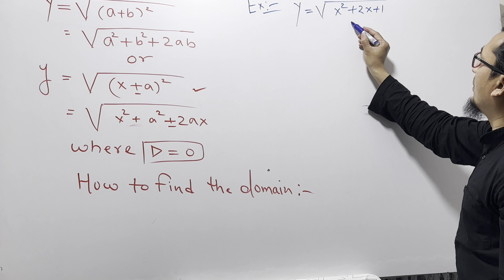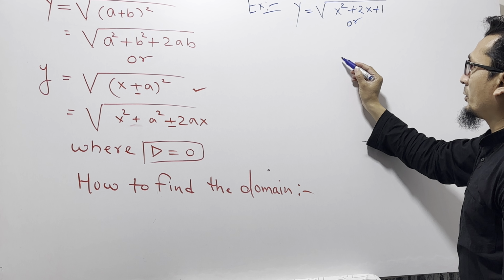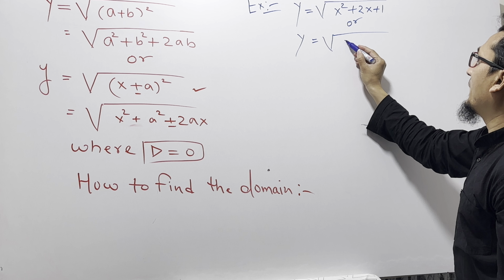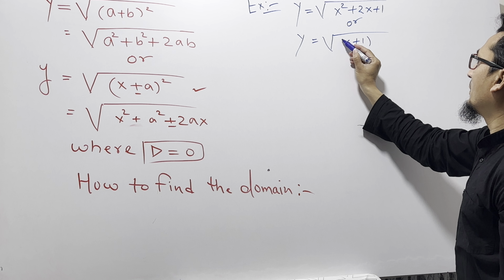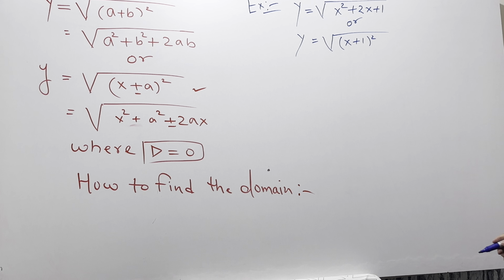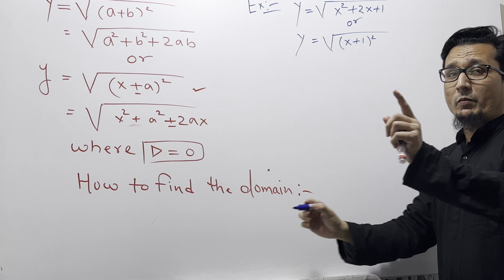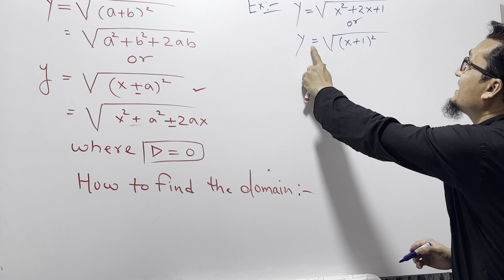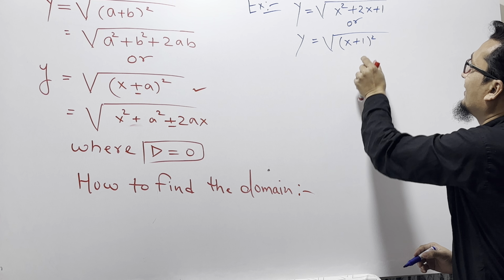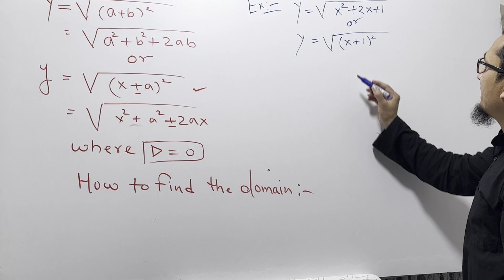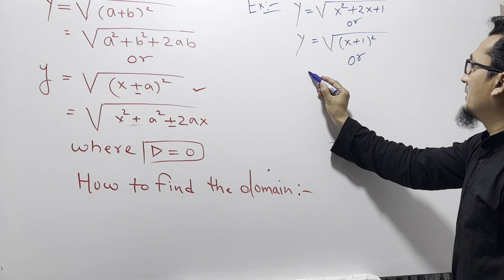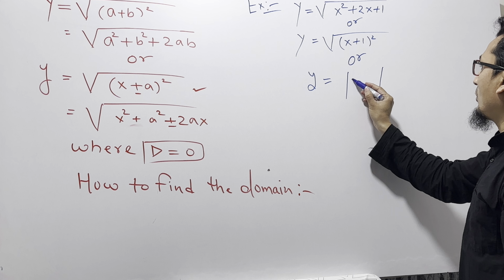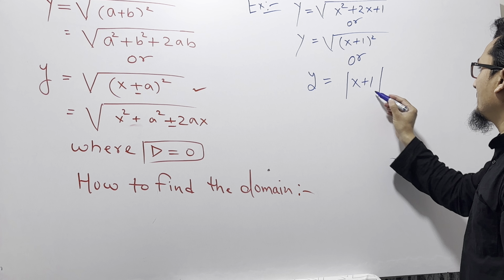This you can also write as (x plus 1) whole square. Guys, always remember this in your mind: whenever you have y is equal to (x plus 1) whole square under root, this is equal to the modulus or absolute value of x plus 1.